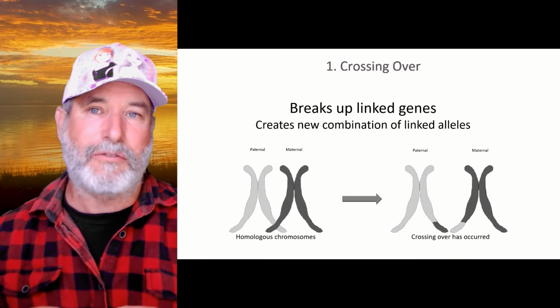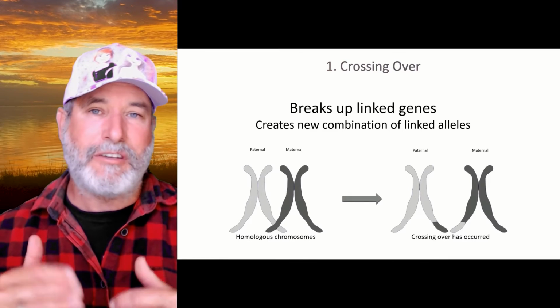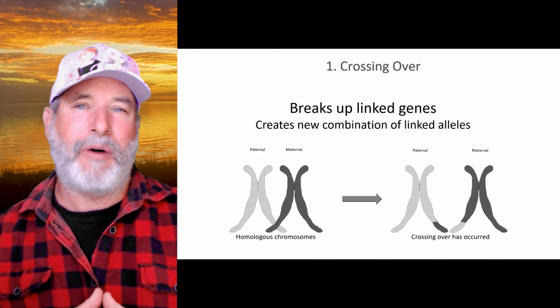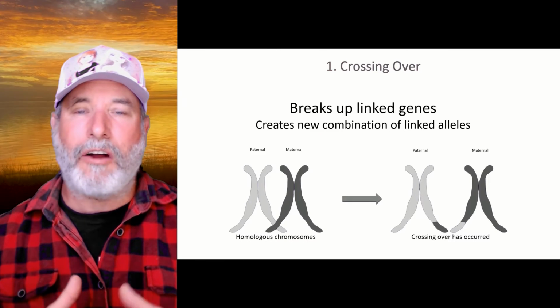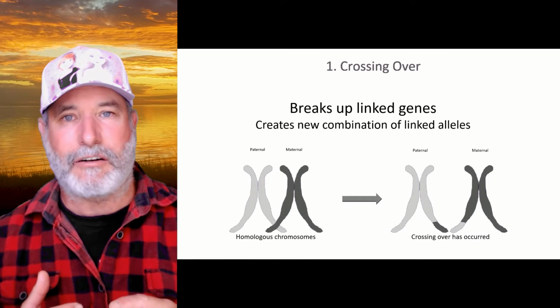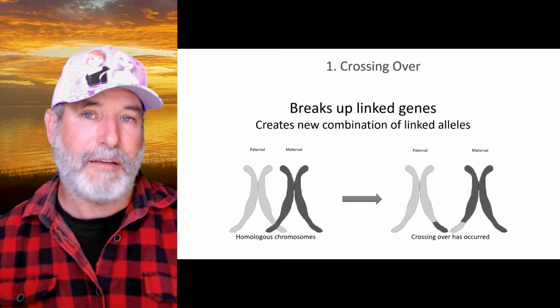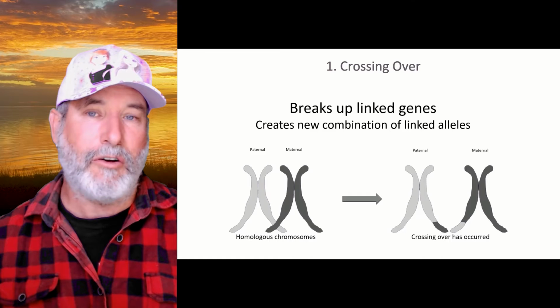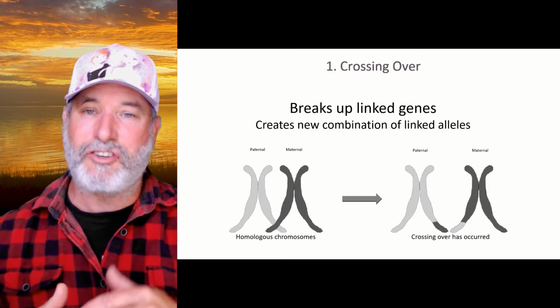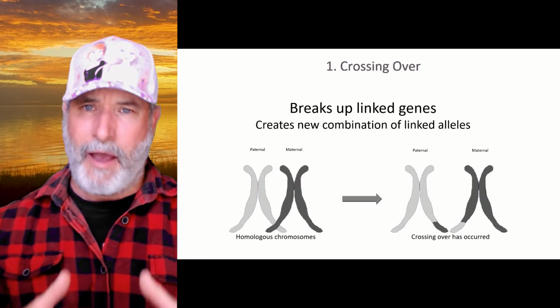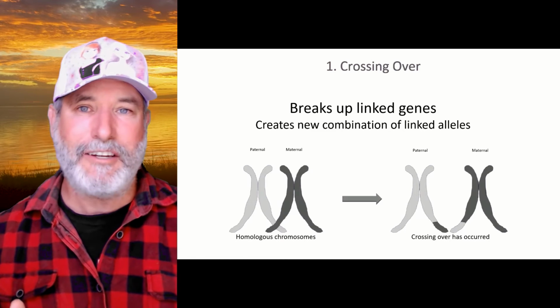So what crossing over is doing is changing up these linkages. Another way to think about this, our genes for hair color, eye color, skin color are often on the same chromosome. Many of those genes are located near each other. They have to do with melanin production and its regulation.